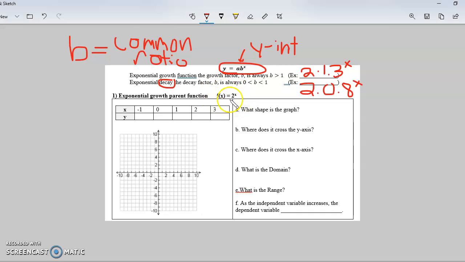So here we have a function, f of x equals 2 to the x power. Remember, we don't have an obvious a value here, but we can assume that our a is 1. So here we would have a y-intercept at 1.